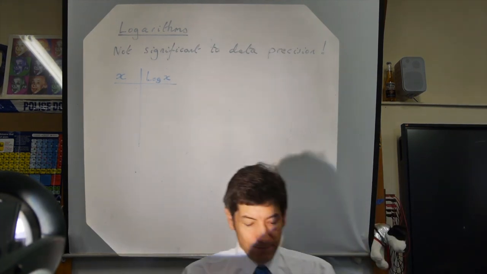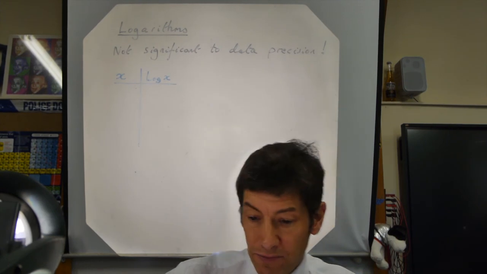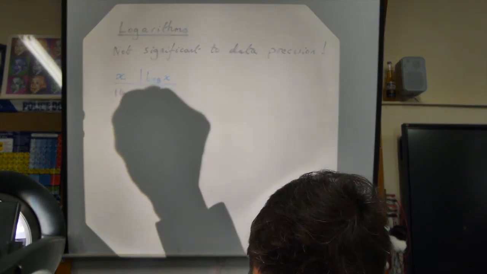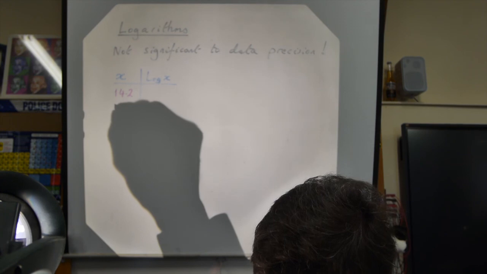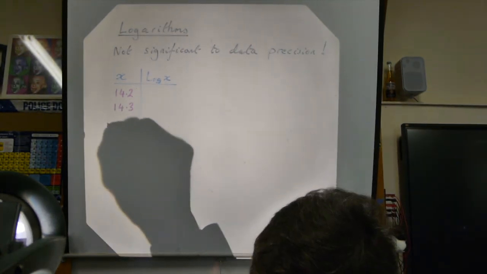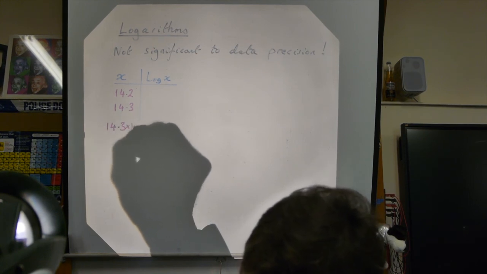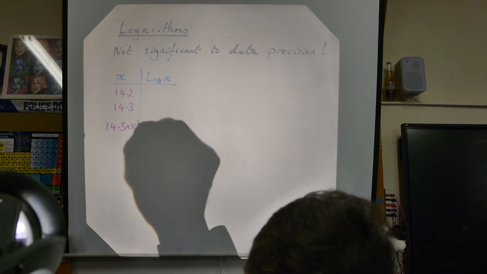So I'm doing the logs to the base 10. So let's imagine x is 14.2, and then it goes up a little bit to 14.3, and then you can see what I've done here: 14.3 times 10 to the 3.